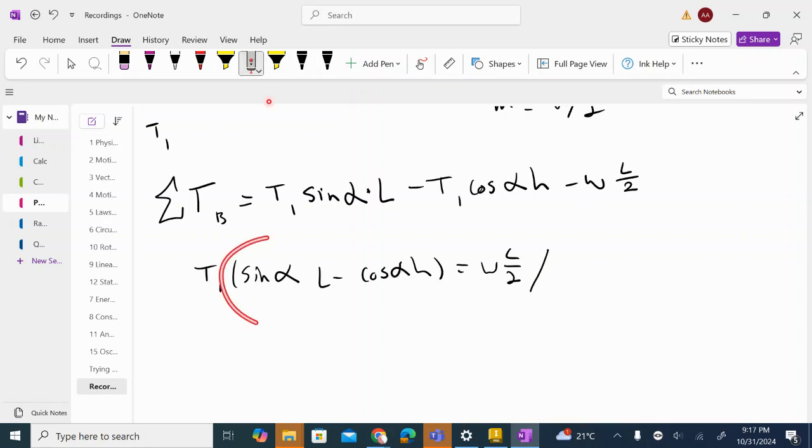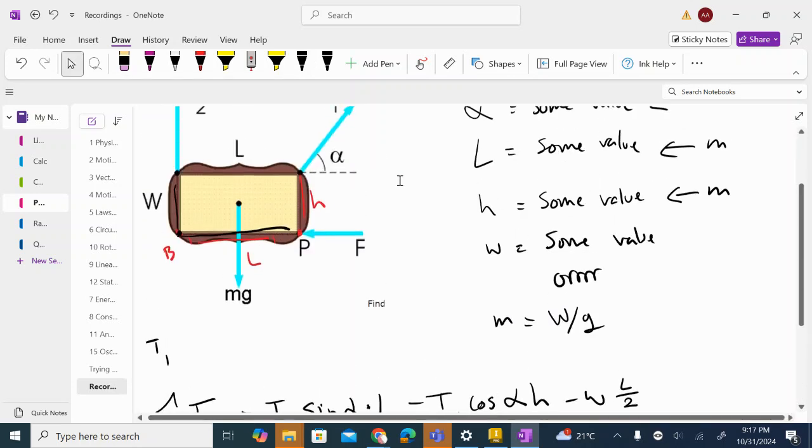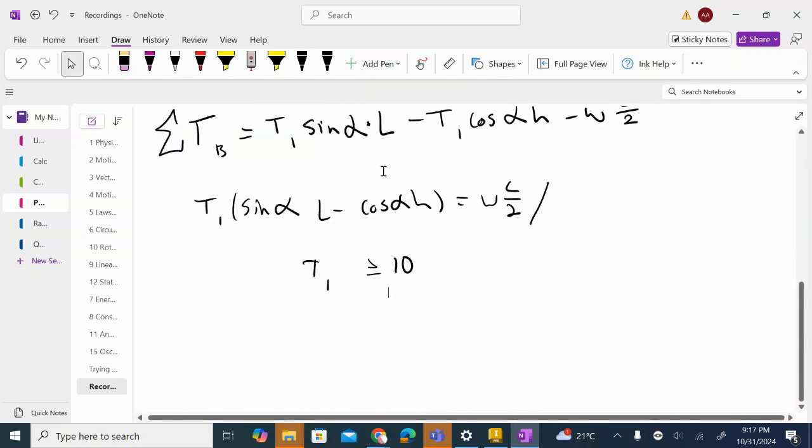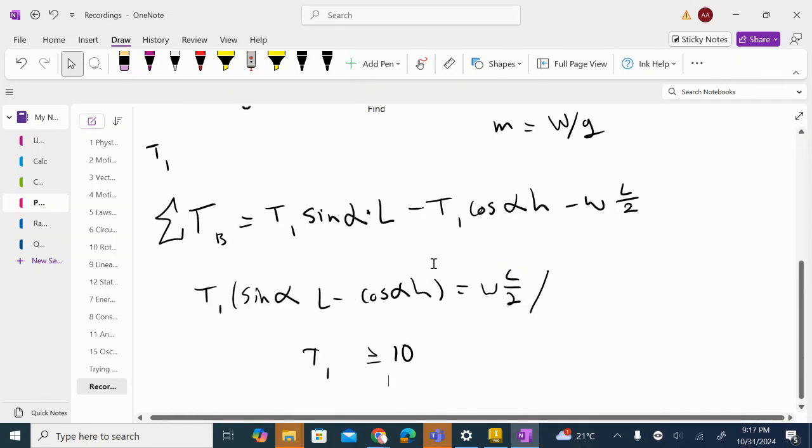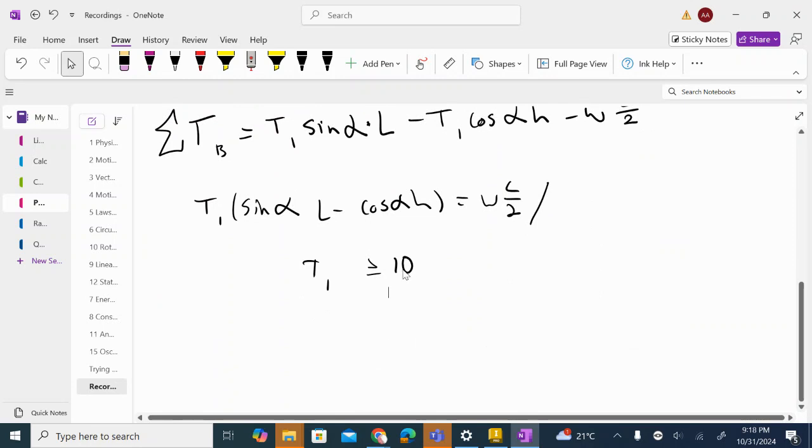Okay, there's no way I'm going to rewrite that, but it becomes divided by sine phi L minus cos phi H. Okay, you plug that in here, and your T1 value should be less than or equal to around 10 if you have numbers relatively similar to the ones I got. Don't freak out if you don't. I'm not going to give you guys my numbers, but it should be something around that for those of you guys on your last attempt.